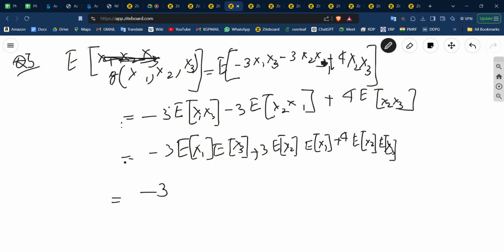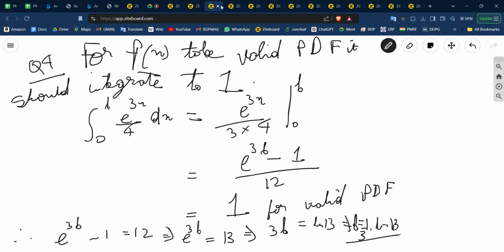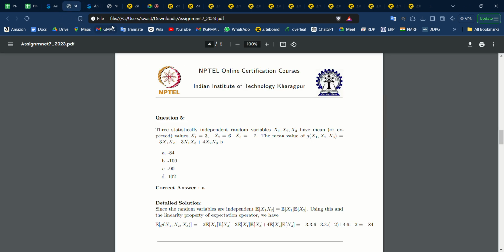Now let's substitute the value. Let's remember it. x1 is 3, 6 and minus 2. So let's see it again. I forgot. 3, 6 and minus 2.